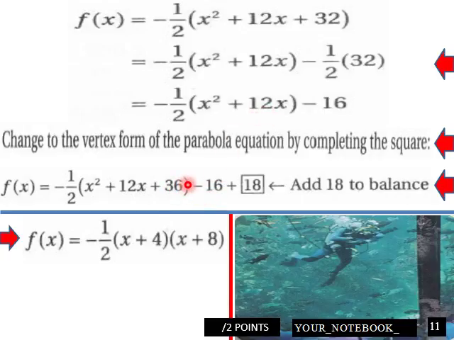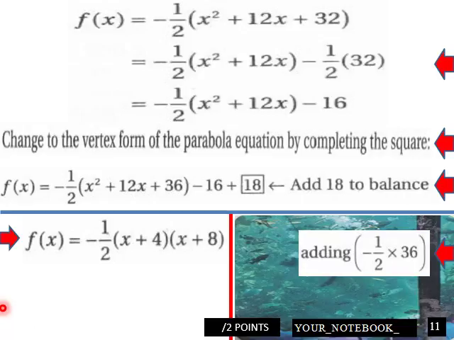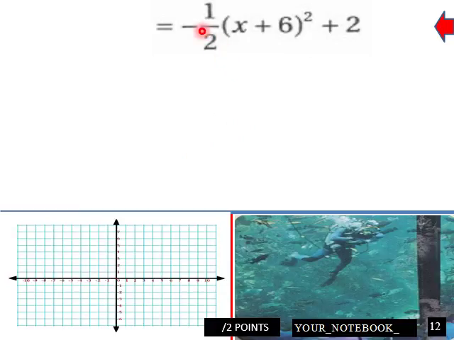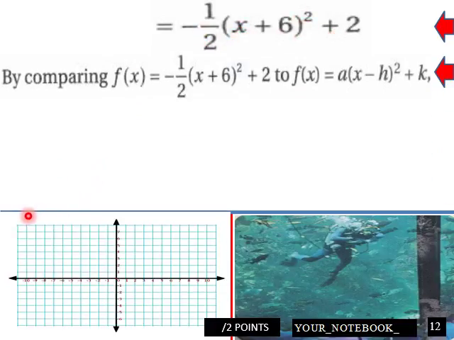We get 36, which times negative 1/2 would be negative 18, so we add 18 out here. Adding negative 1/2 times 36. So we get negative 1/2 times x plus 6 squared plus 2.